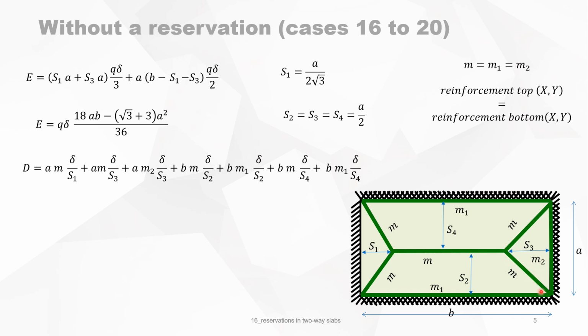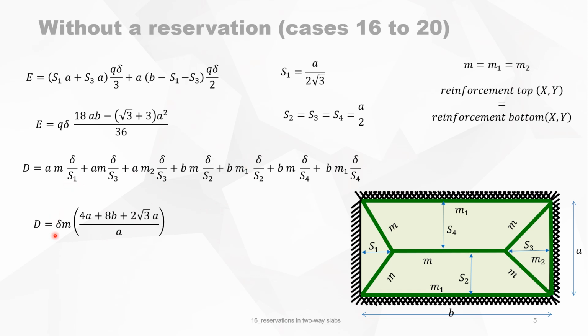And for this one, we have M times a times delta over S3. Then we go to the yield line M1, which is b times M1 divided by S4, so we have M times b divided by S4. And last but not least, we have this yield line projects to this x, which is b times M divided by S2.